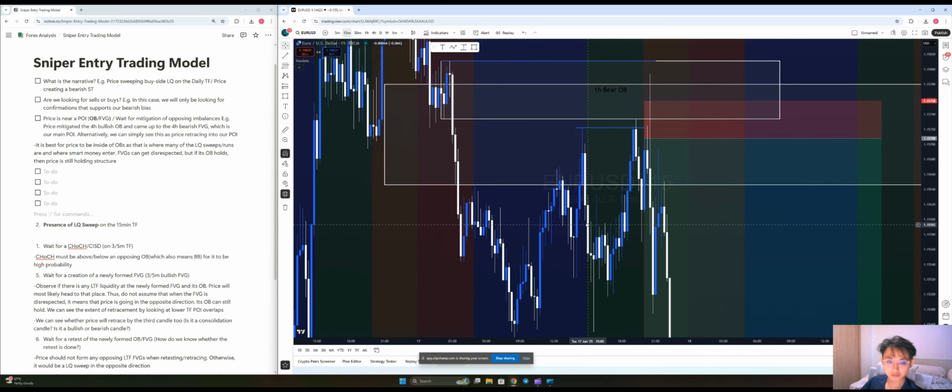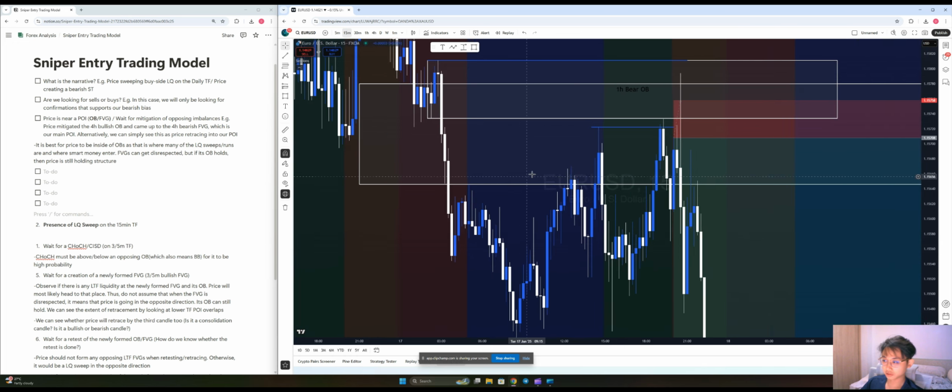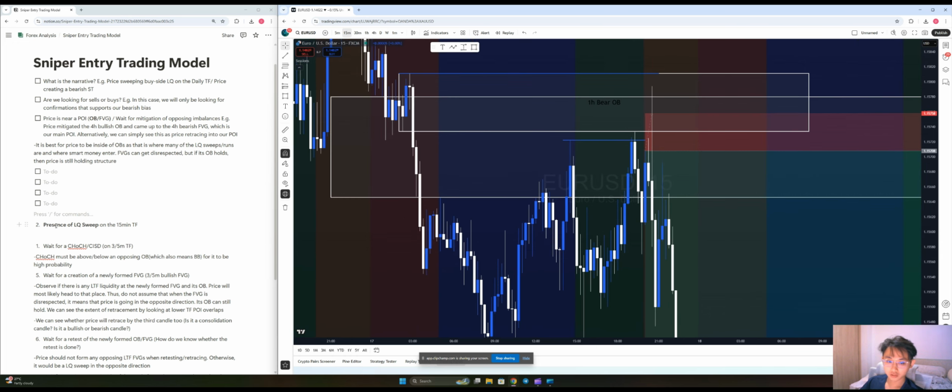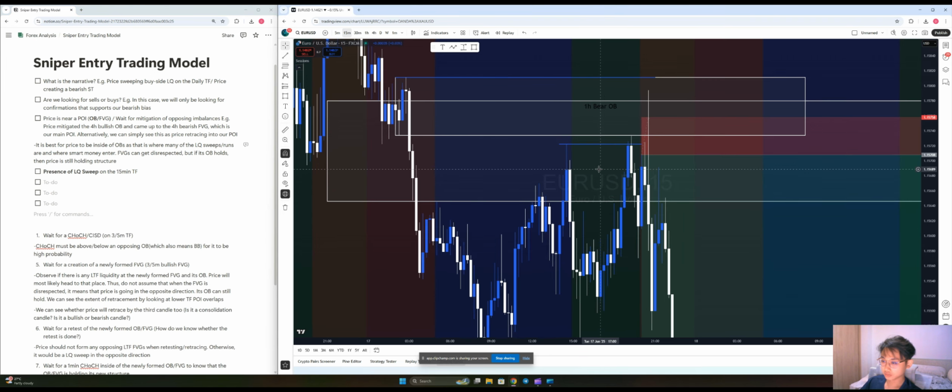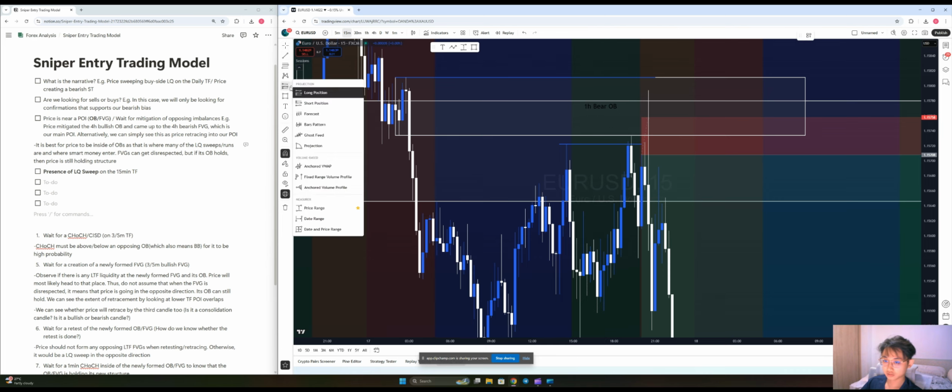Okay. So anyways, back to the normal trade on the 15 minute time frame. Here we look for a presence of liquidity sweep. So this is really important, right? Presence of liquidity sweep, which is here. So as price comes up here, you could have entered for sell positions.